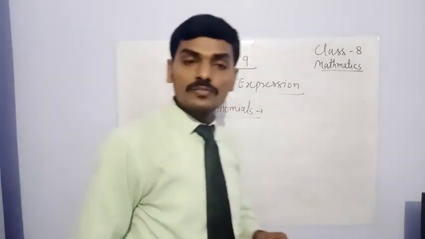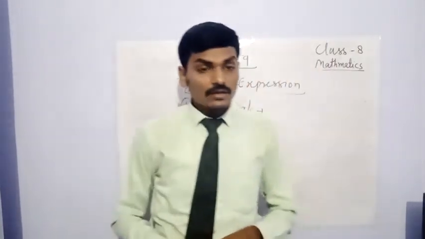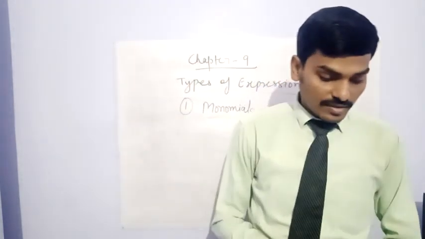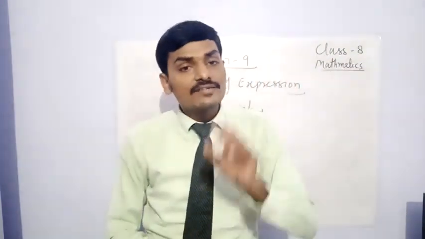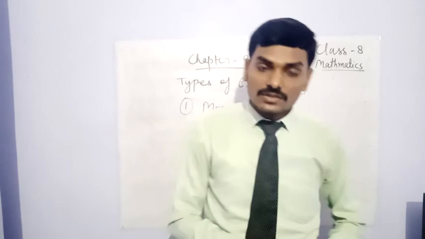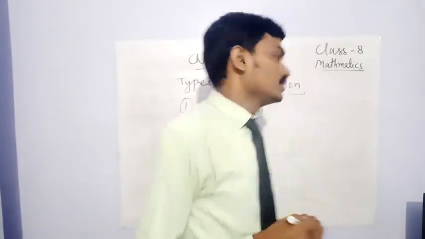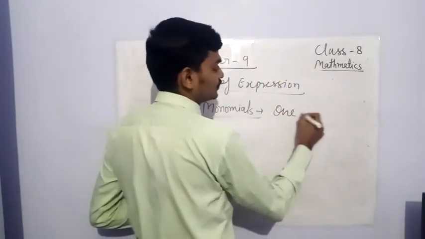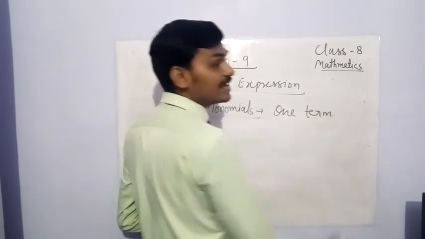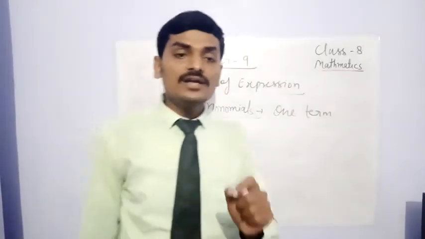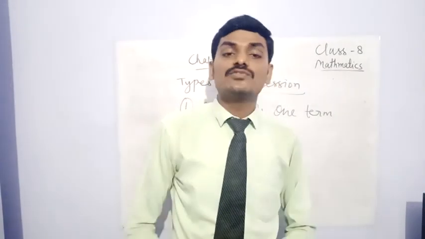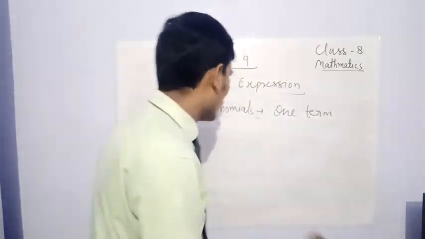So what are monomials? An expression that contains only one term is known as a monomial. That is, in any expression, if only one term is present, then it is known as a monomial.